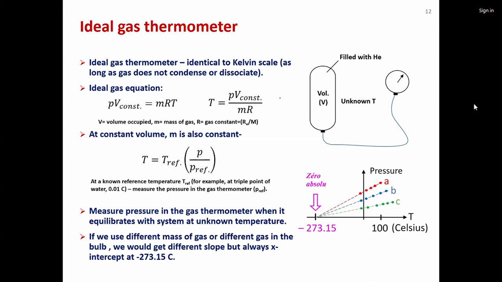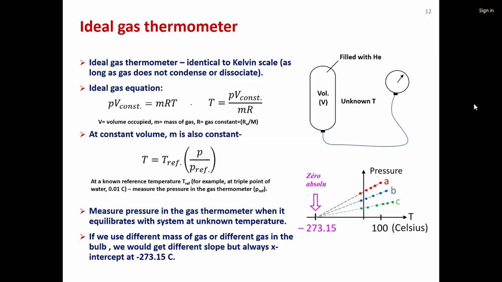Typically this ideal gas thermometer obeys the ideal gas equation, which is PV = mRT. In this case, the volume is fixed because this is a rigid container. So V is constant.